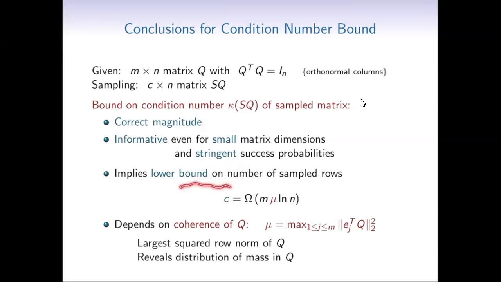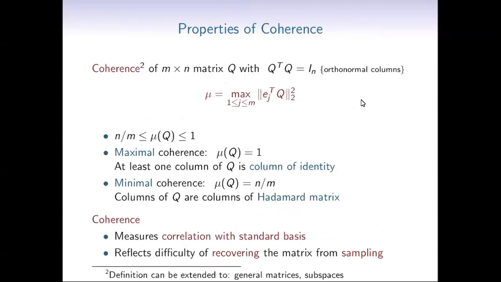It implies a lower bound on the number of sampled rows, and that's just a sanity check that gives us the connection to the coupon collector's problem. And the bound depends on what is called coherence, the largest row norm of Q. That reveals the distribution of mass in the matrix. So coherence is the largest row norm of a matrix with orthonormal columns.